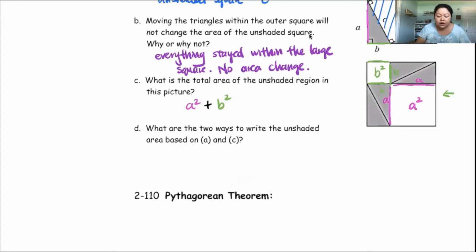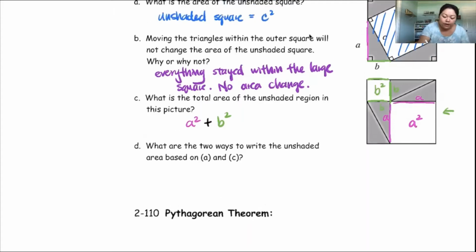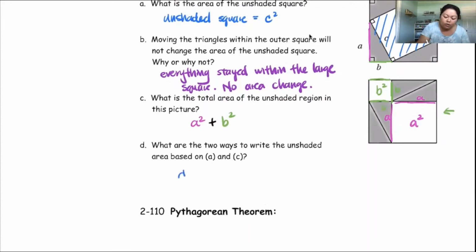In part D, what are two ways to write the unshaded area based on part A and part C? One way is to see from part A that the area is C squared. Another way is to look at it as two little squares, which is A squared and B squared, right? So both of these represent the same area, therefore C squared must equal A squared plus B squared.